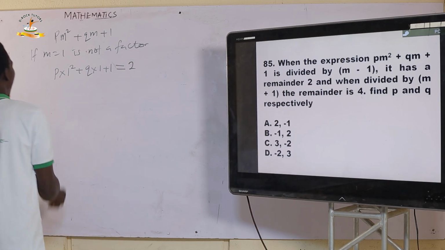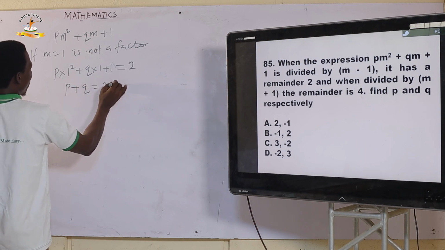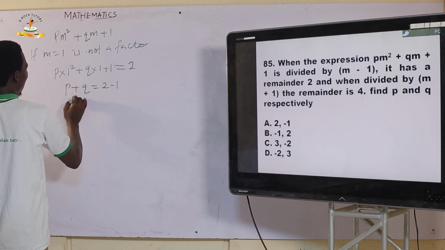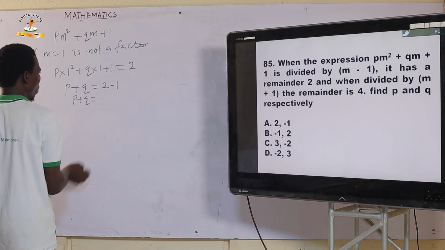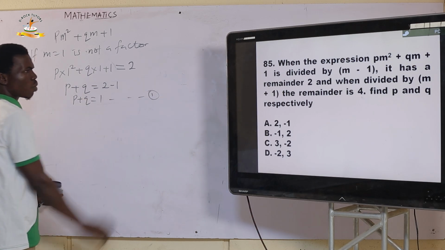If I put p times 1 squared plus q times 1 plus 1, I can have p plus q equals 2 minus 1, or p plus q equals 1. Let's call this my equation 1.